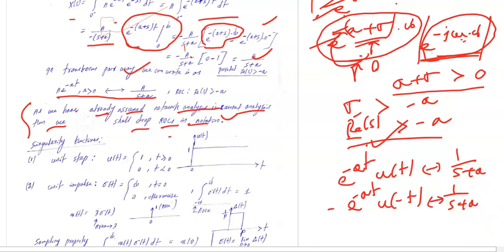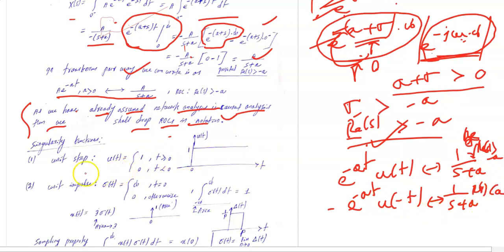If you go by the control system, signals and systems, they are differentiated by this: for this, real s is greater than minus a; for this, real s is less than minus a.